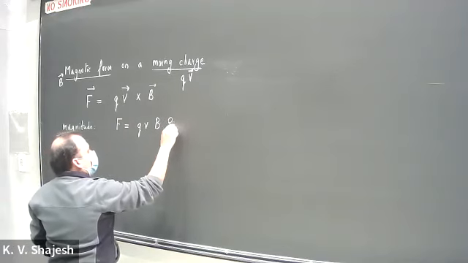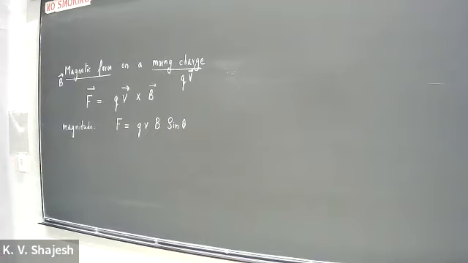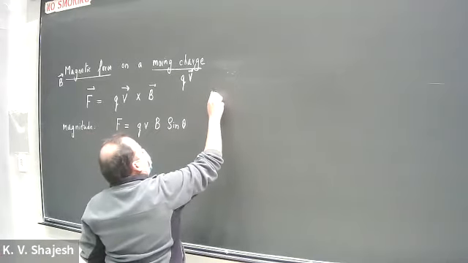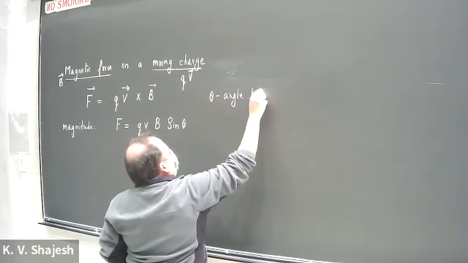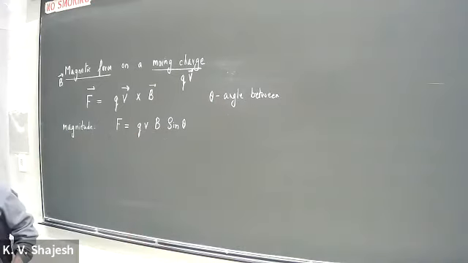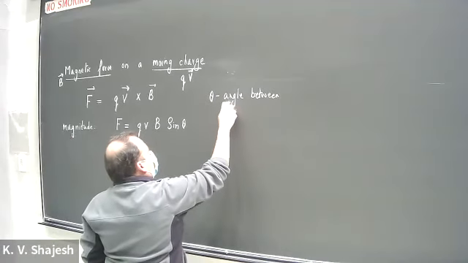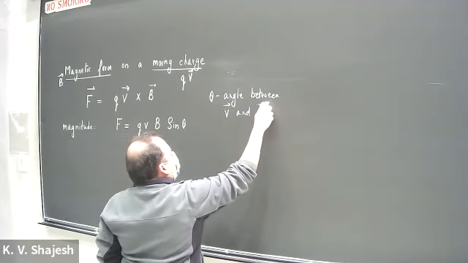The angle theta is the angle between the velocity v and the magnetic field B, which can be put on a plane.